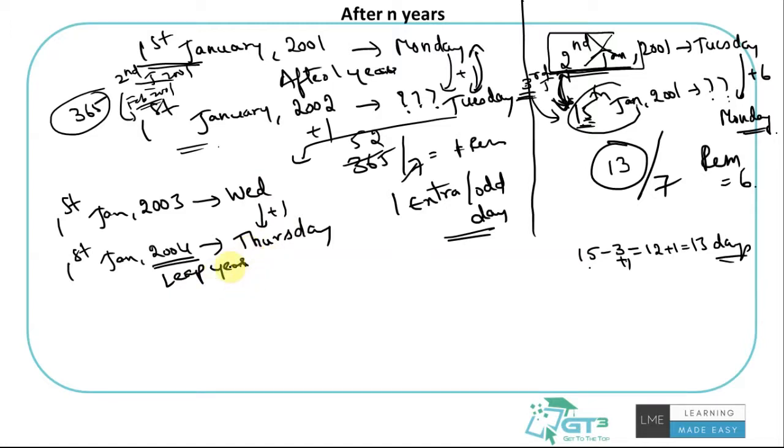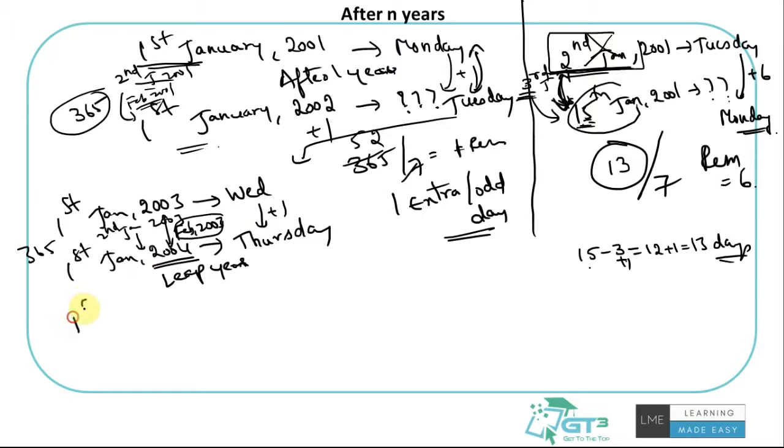Have a clarification like this. Basically, 2003 to 2004, what are the days that I should include? 2nd January 2003 to 1st January 2004, which includes February 2003, which is not a leap year month. That's why I'll still have 365 days, so I'll have only 1 extra day.